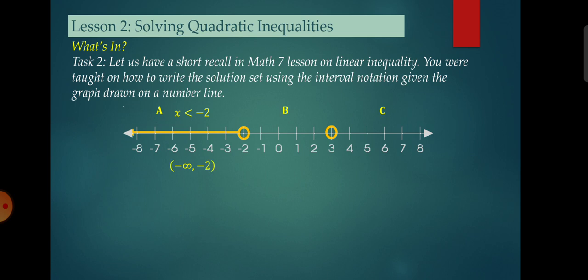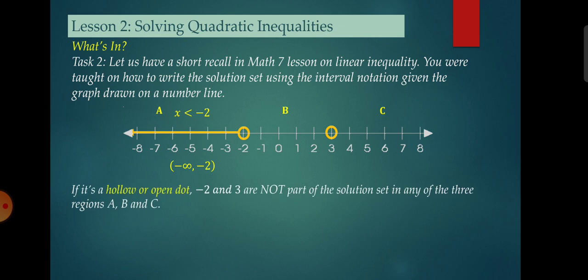So therefore, if we are to write the interval notation, that would give us open parentheses, negative infinity to negative 2. We use open parentheses since it is an open or hollow dot. If it's a hollow or open dot, negative 2 and 3 are not part of the solution set in any of the three regions A, B, and C. In the first example, our solution is located on the left side.